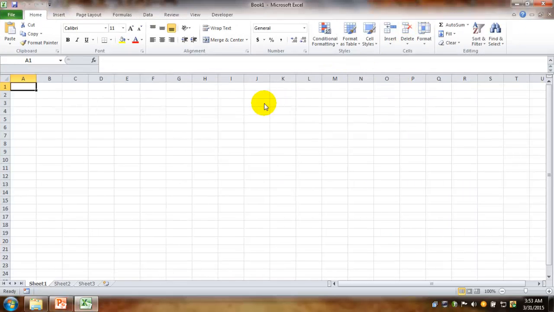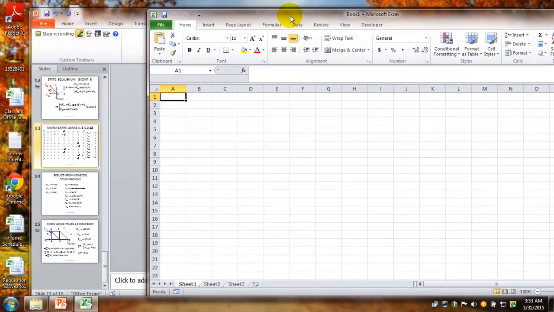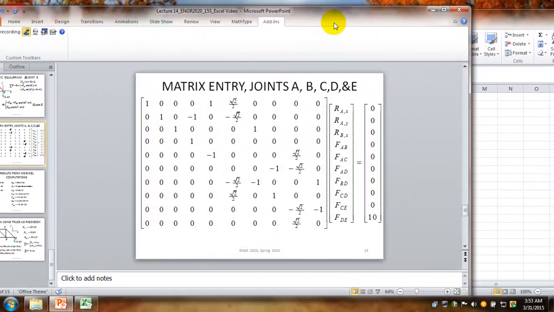Starting with a blank Excel file, I will write out all the forces first, but I'll need to have these things side by side.